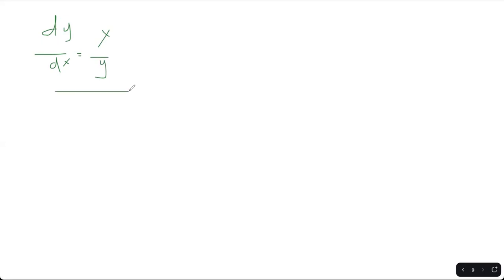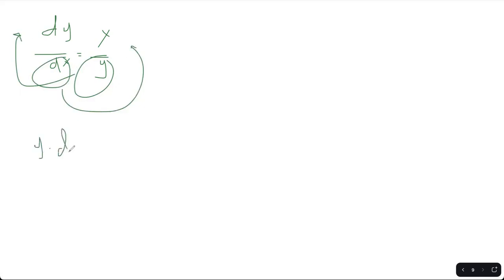This is how a differential equation looks, by the way. It has dy dx equals something in terms of x and y, and to solve it, you need to separate the variables. Basically, move all the y's to this side and all the x's to the other side. So you just multiply both sides by y, and you get y times dy. And then you multiply both sides by dx, and you get x times dx.